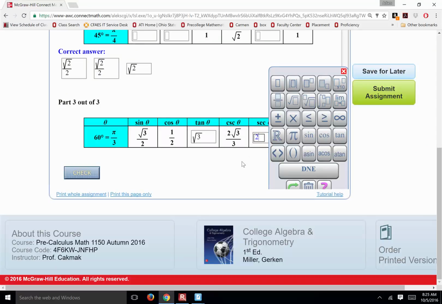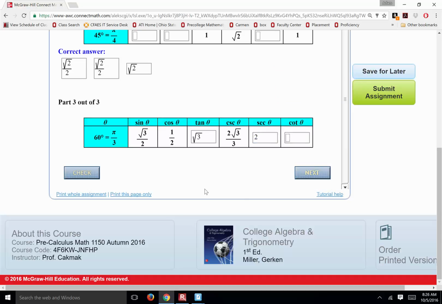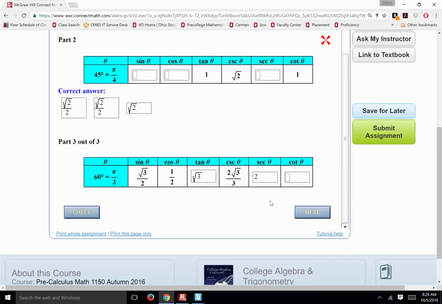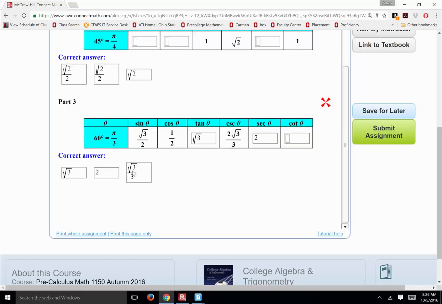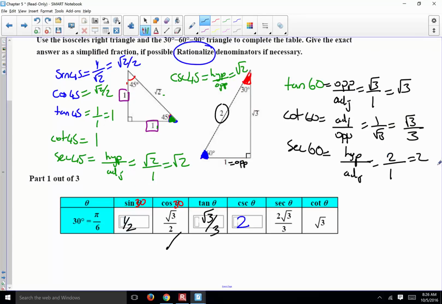Am I right? Let's see, root 3, root 2, root 3 over 2. Root 3 over 3. Alright, we got them right.